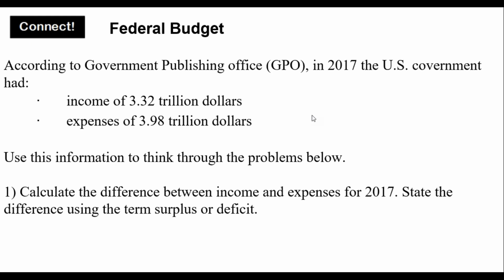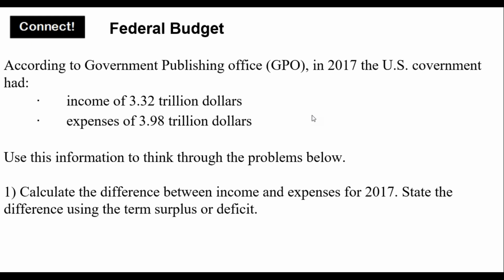This book got published at the end of summer last year, so we were only able to use 2017's values, which are the most current. The federal government had income of $3.32 trillion. Now, take a look at the expenses, though. The expenses were $3.98 trillion. So the federal government is spending more than they're actually bringing in income.